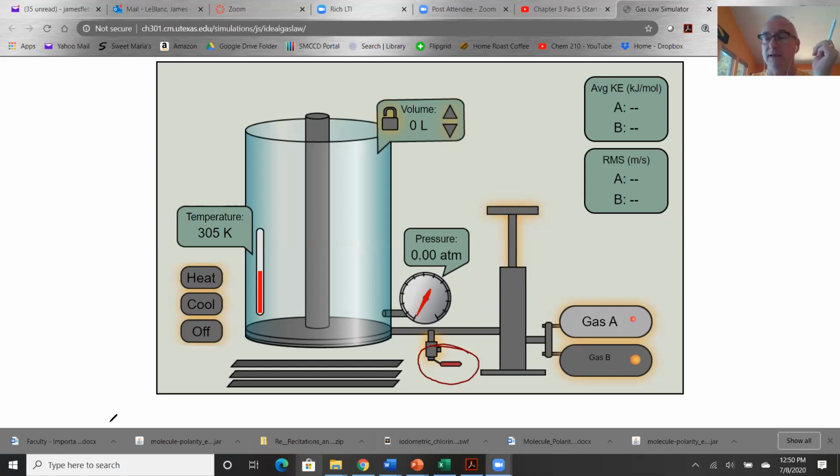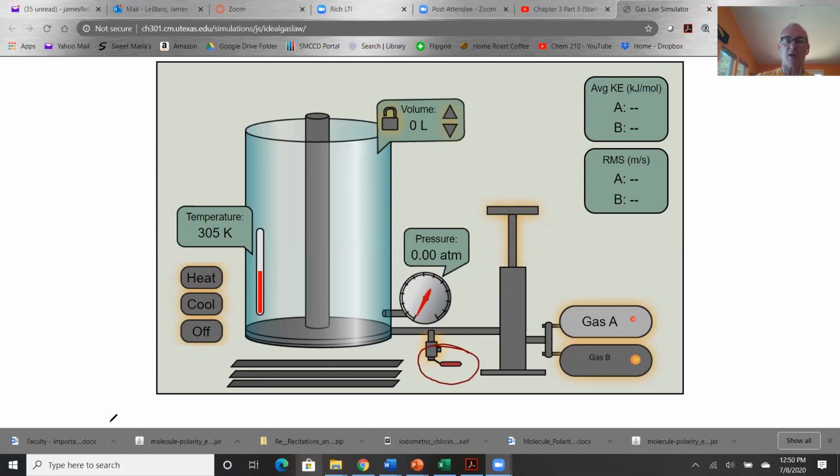Also showing you the relationship between moles and volume, right? Now that my moles are 0, what's happened to my volume? It's 0. Yeah, so I have 0 gas in there. So my pressure is 0 and my volume is 0. There's no gas, so there's nothing to have pressure.